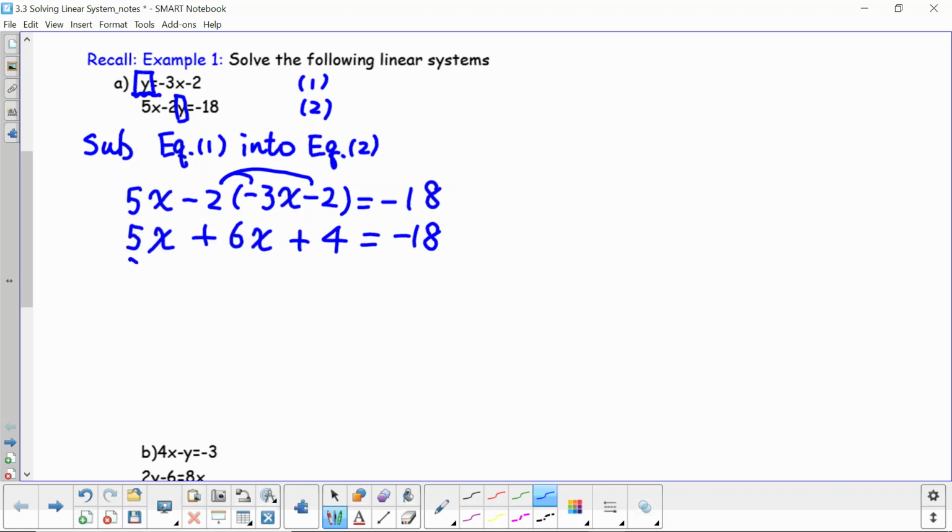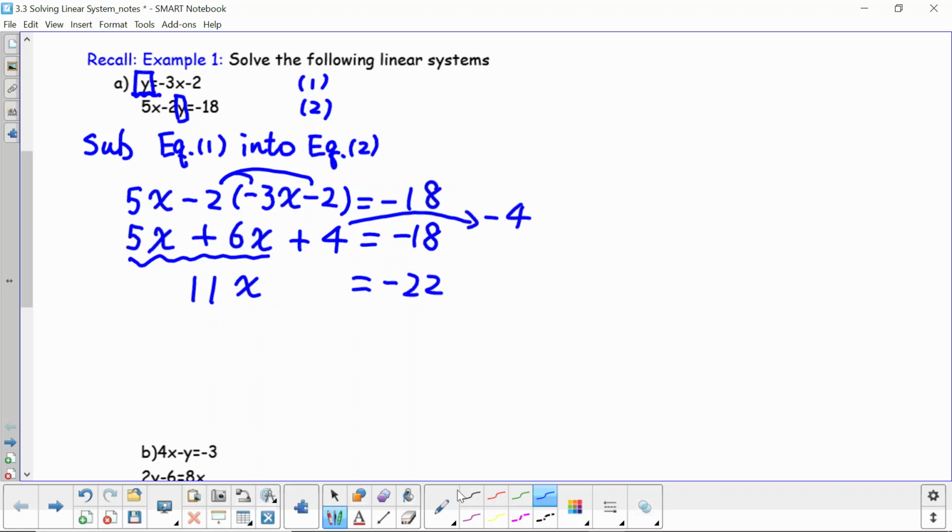Then we collect the like terms, 5x and 6x, and move the 4 to the other side. Plus 4 moves to the other side, with the opposite operation minus 4. Then you will have 11x equals negative 22.